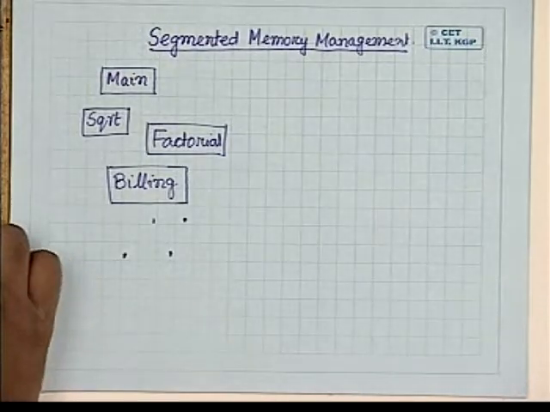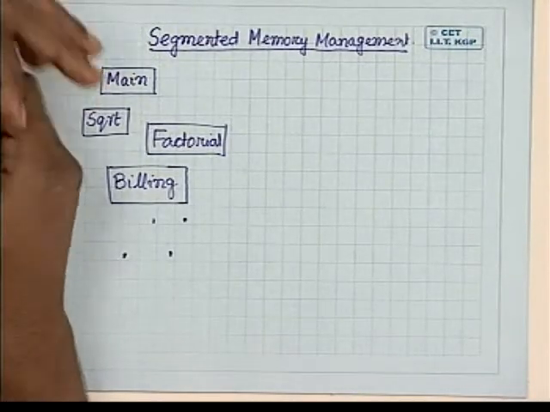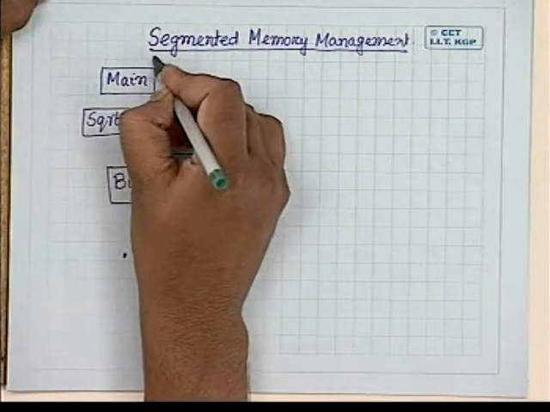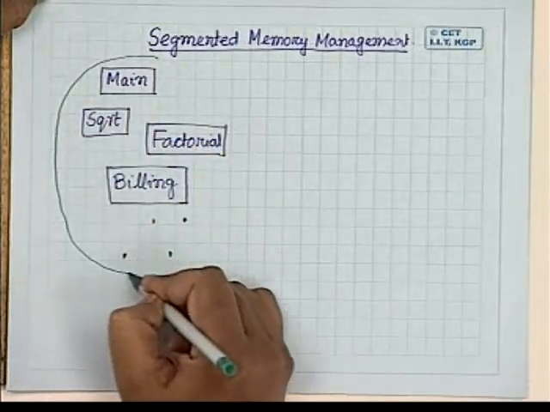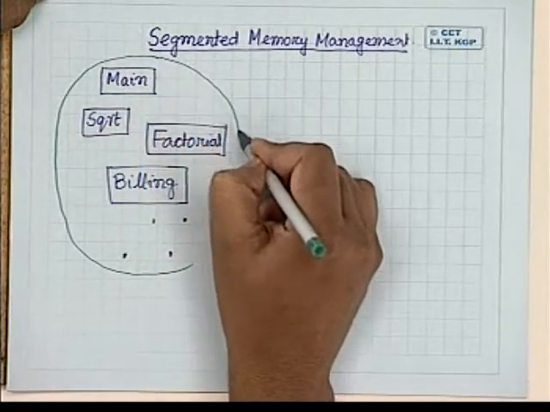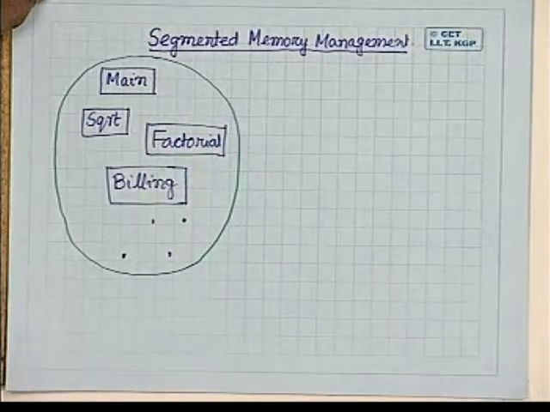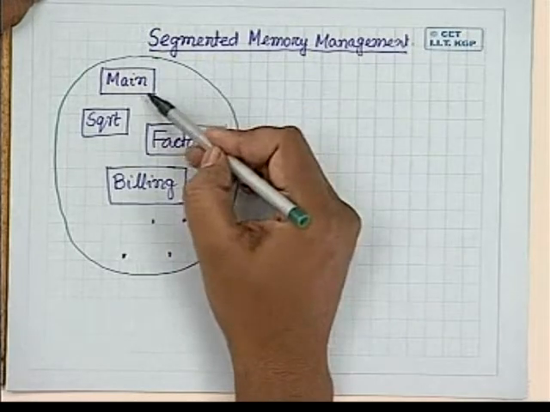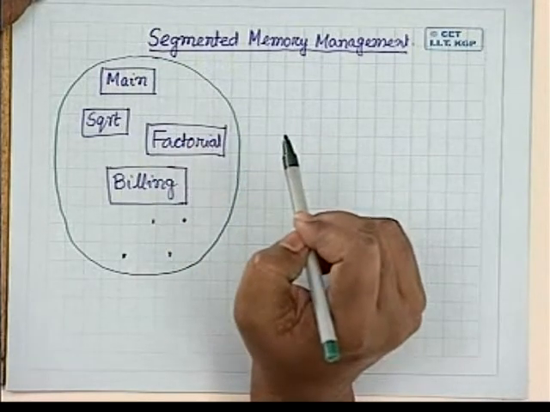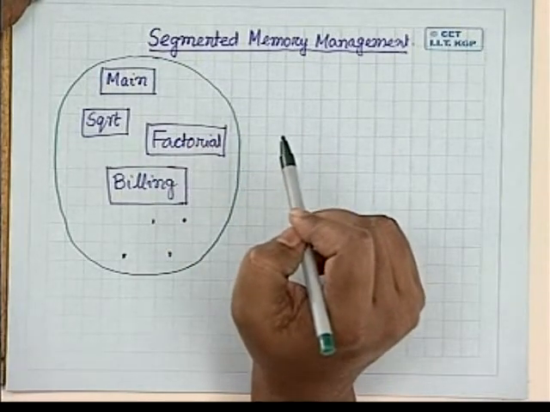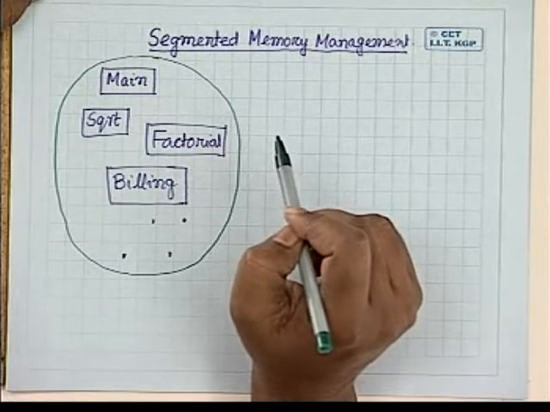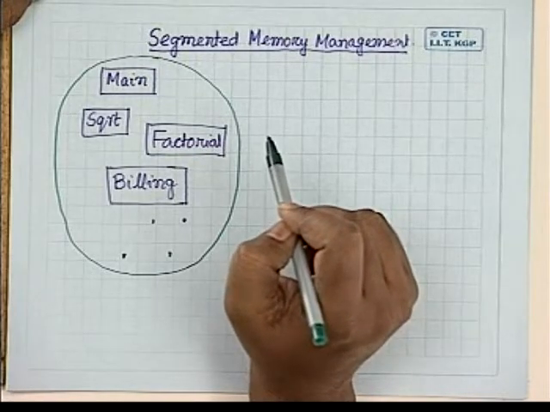Okay. Now all these functions taken together, they form the logical address space of the entire program. Okay. And it is quite obvious that these different functions may not be of same size. In general, different functions will be of different size. Okay.